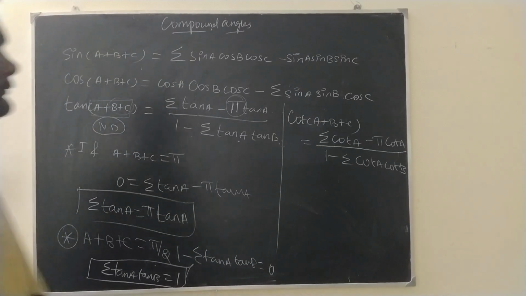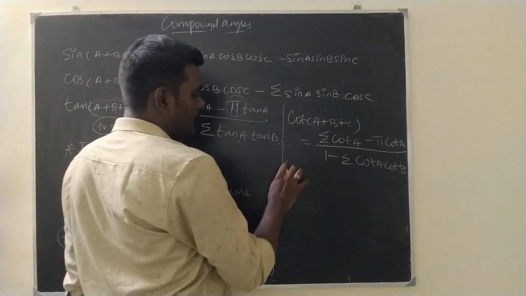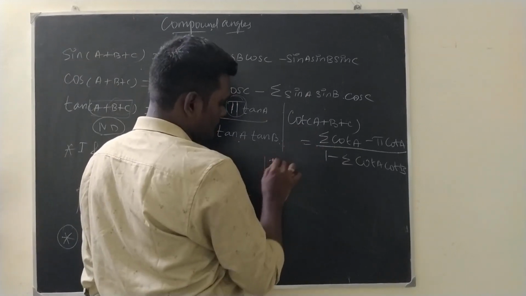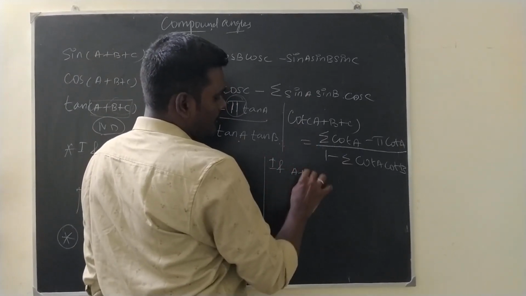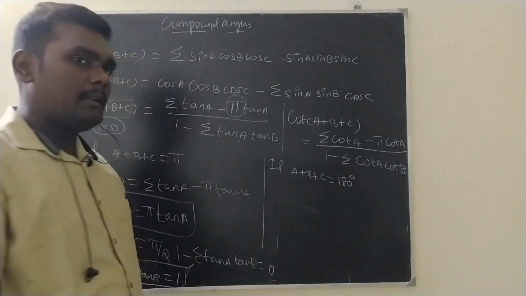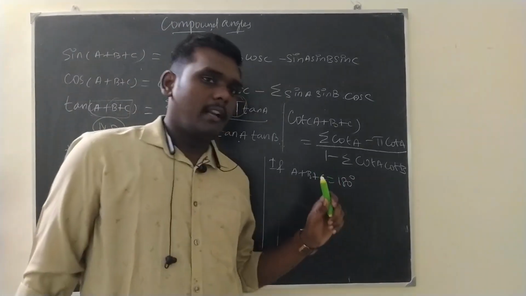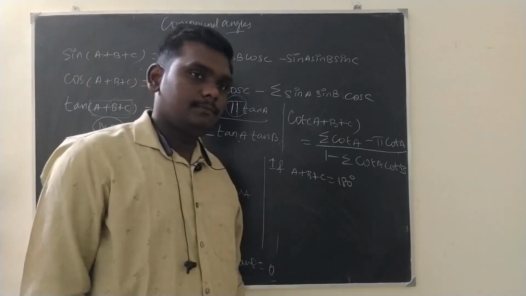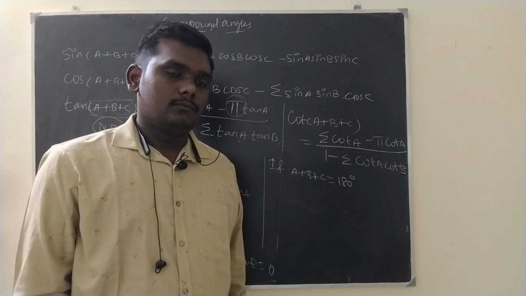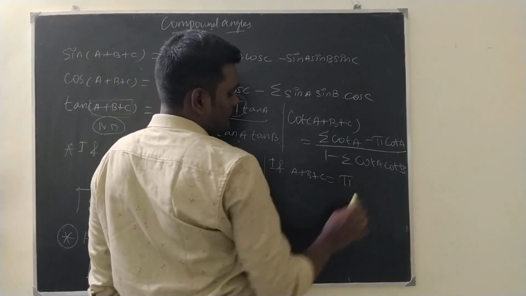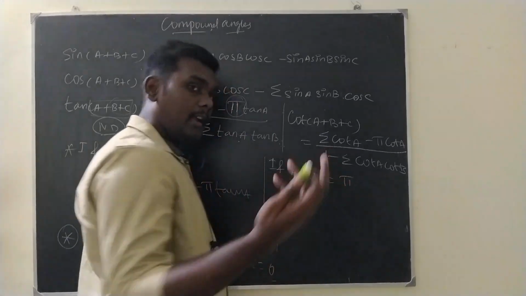How will it vary? If A plus B plus C is pi, which means 180 degree, then cot 180 degree is what? It is undefined.